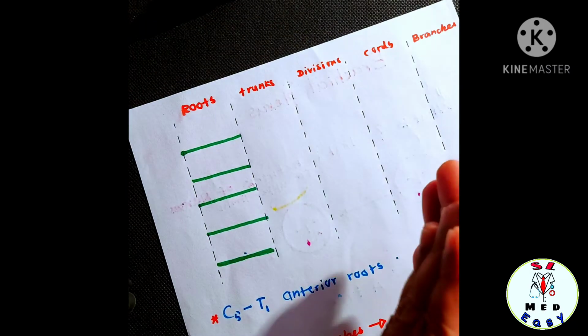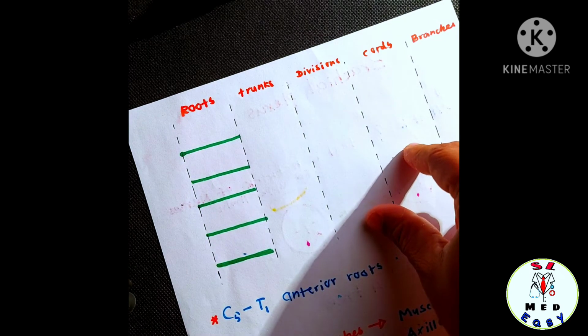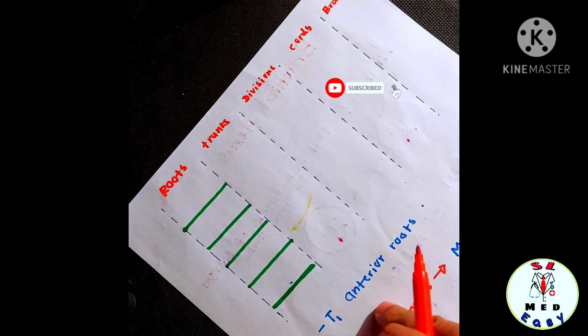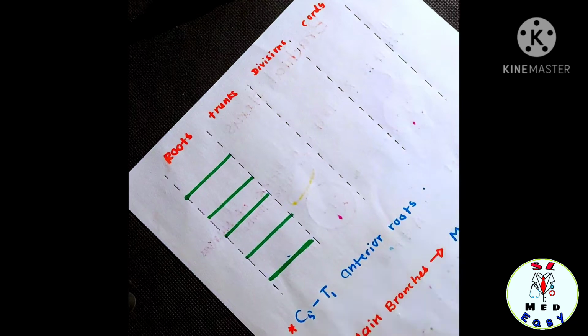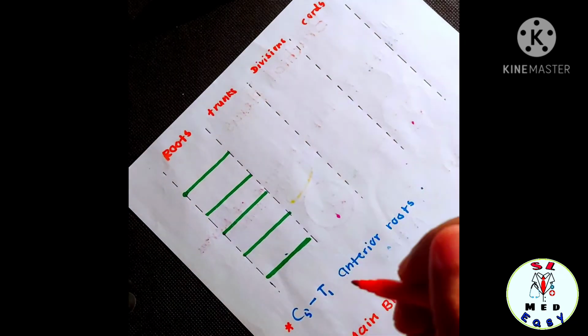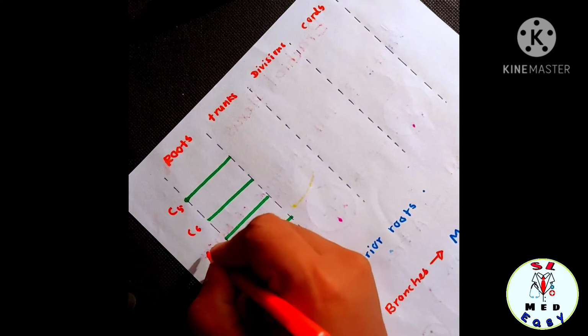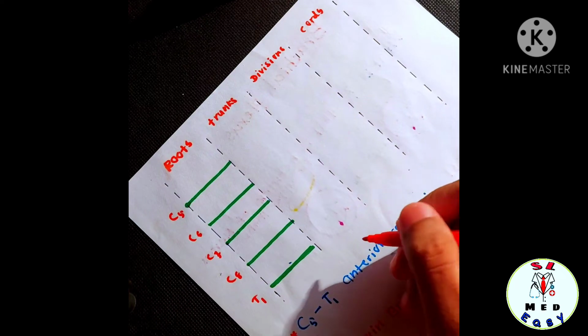So now we are going to draw a brachial plexus, right? You know this brachial plexus is formed by the C5 to T1 anterior roots. Okay, so we name these C5, C6, C7, C8 and T1, right?